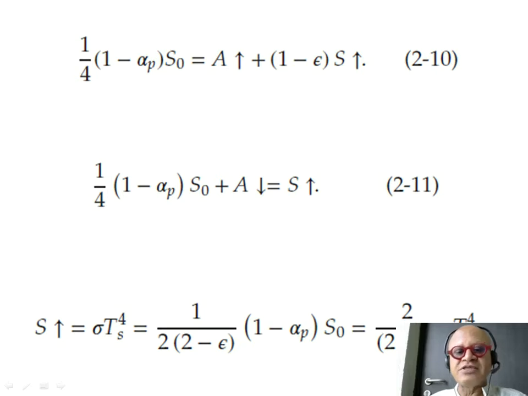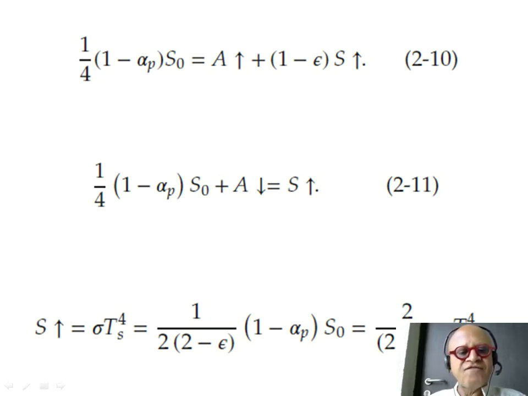If you manipulate these equations, you end up with an expression for S. So you add A from here. You get 1 over 2 times 2 minus epsilon times 1 minus alpha p times S0. I will let you do these manipulations. Fairly straightforward stuff, not a big deal.